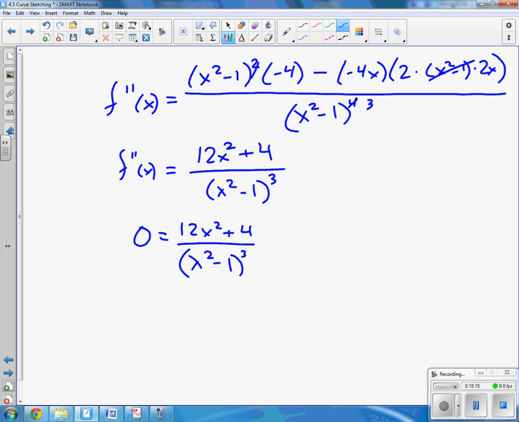So there are not going to be any places where the function equals 0. Okay, so there are none there to consider. That means that I'm really just going to have to figure out what the signs are for this function to determine when it's concave up and concave down. So I'm going to use the denominator here, because I know, again, the numerator, always positive.